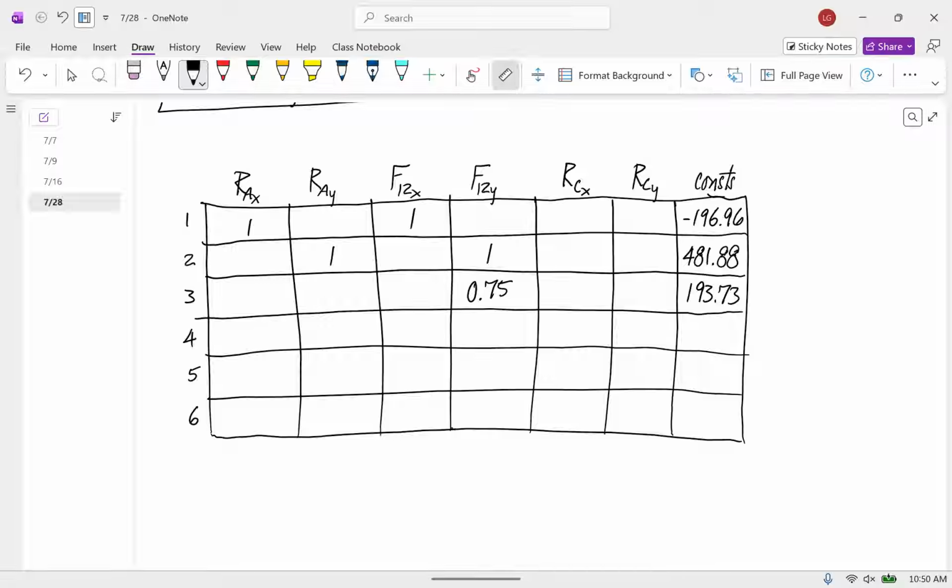And like I mentioned before, if you want to, we could have gotten rid of this equation and already solved for F12y, but you don't have to do that. I just tend to carry all my equations and variables until the end and just let the algorithm give me the answers.